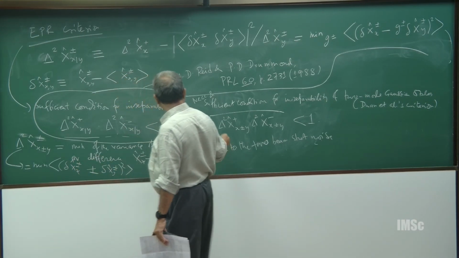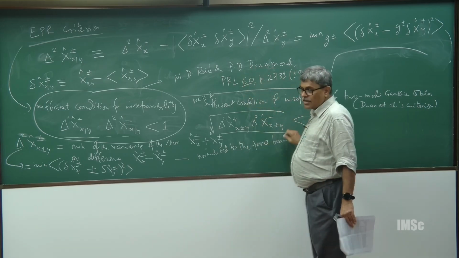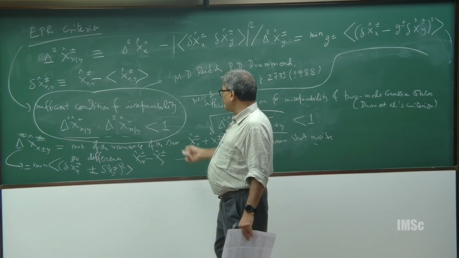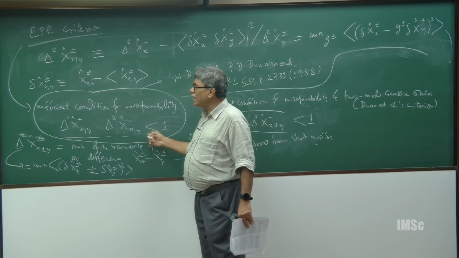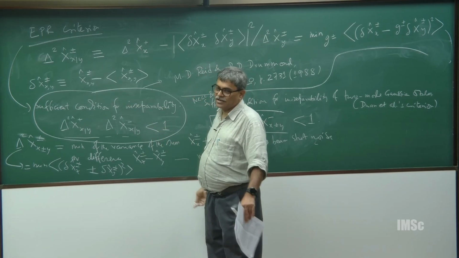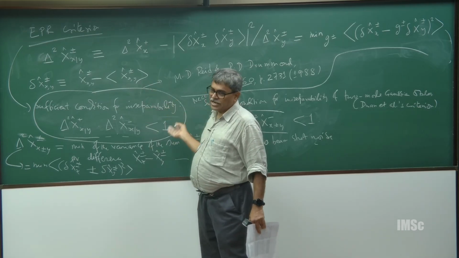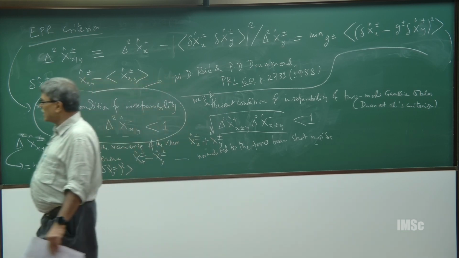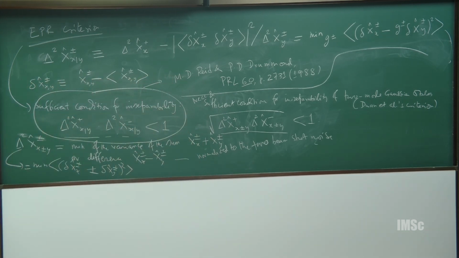Then they checked if these are satisfied, and then you know that your two mode Gaussian state is entangled according to both the criteria. Now, what have they done? They have introduced some noise to check the robustness of this scheme.